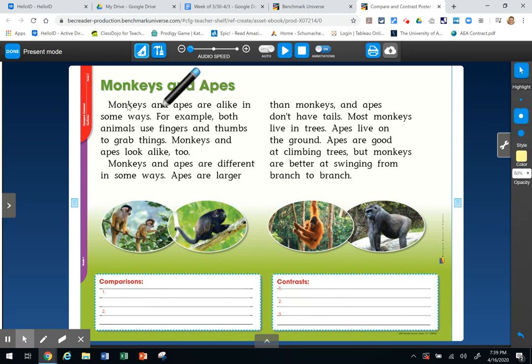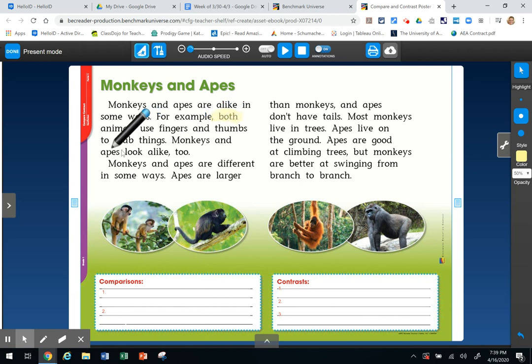Okay, so in this first sentence, it says monkeys and apes are alike in some ways. For example, both animals use fingers and thumbs to grab things. The word both right here is a signal word, okay? That tells you that is the way that monkeys and apes are the same, okay?